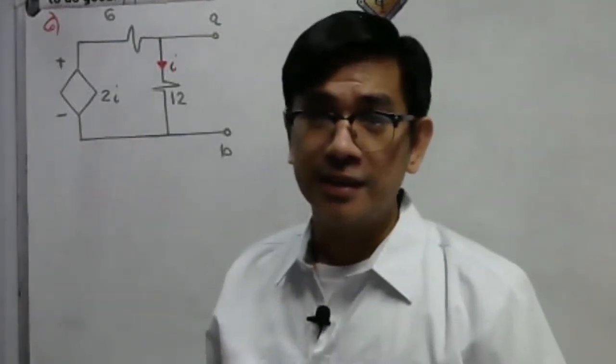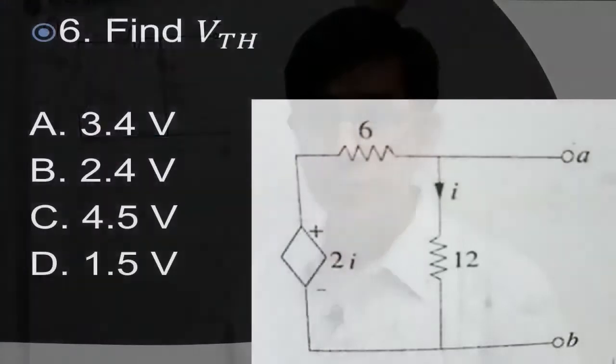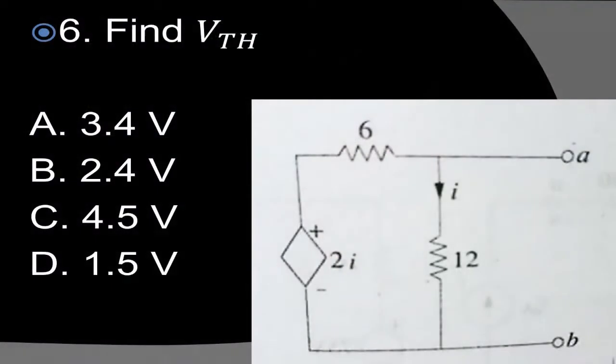The question is, what is the Thevenin's voltage at terminals A and B?